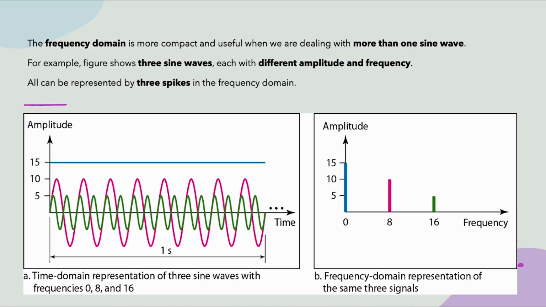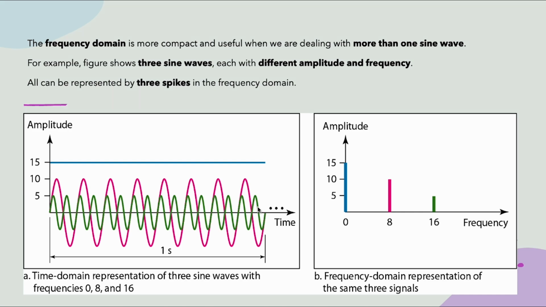Now, if we see a more complicated set of waves, here we have 3 different waves described. One has frequency 0: the amplitude does not change, it's constant. Here the amplitude is constantly changing, the frequency here is 16, and then you see the pink wave, the frequency of which is 8, so it completes 8 cycles in 1 second.